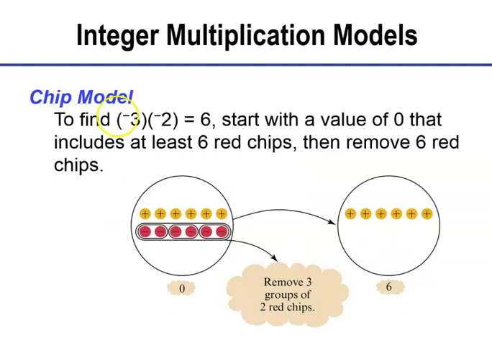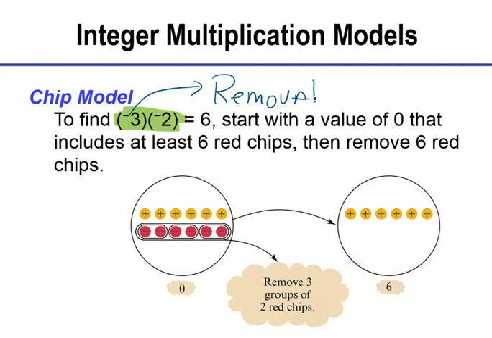Now next we want to model negative 3 times negative 2, and that can be just a touch confusing. Whenever you see the negative in front, what we're talking about here is removal. So we need to remove whenever you see that negative in front. Now, we have to build something where we do have those values to remove.